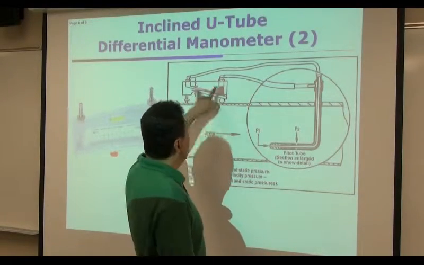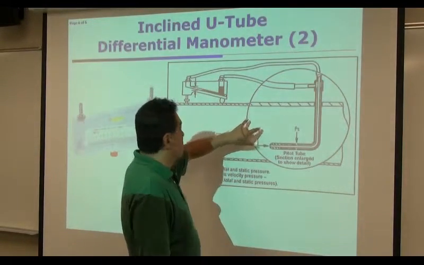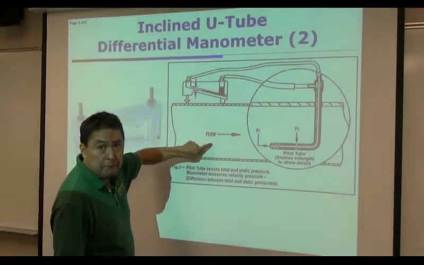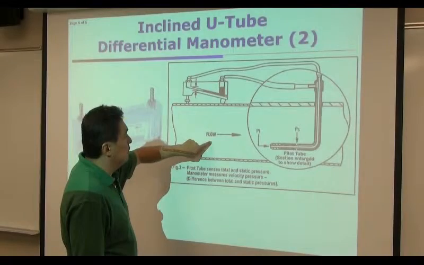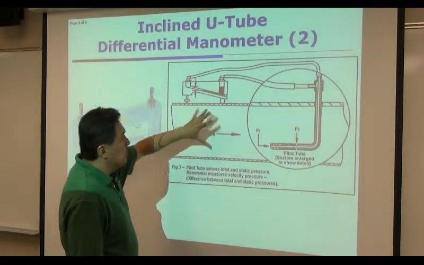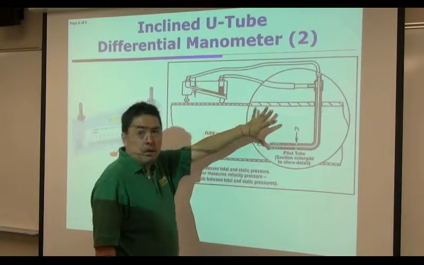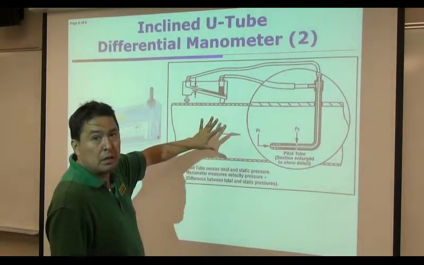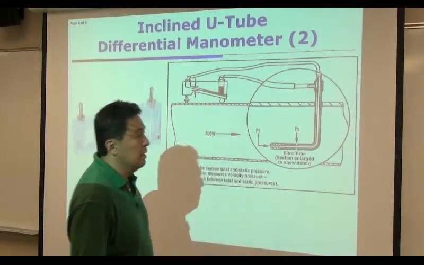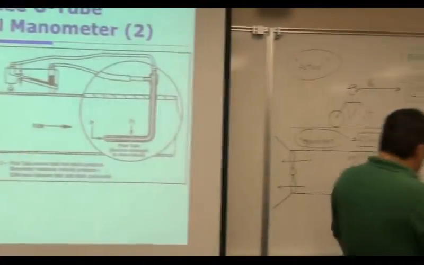Once you determine dynamic pressure, you can determine the airspeed of this flow. So this is one of the ways you can determine airspeed in the wind tunnel test section. You can use the exact same concept for an airplane. A Pitot-Static tube determines an airplane's airspeed. Okay. So it all comes up here.